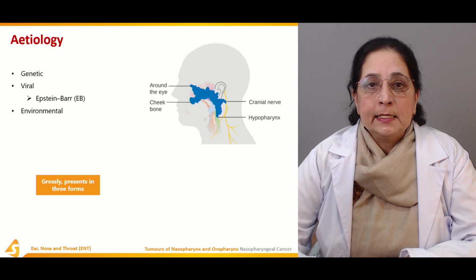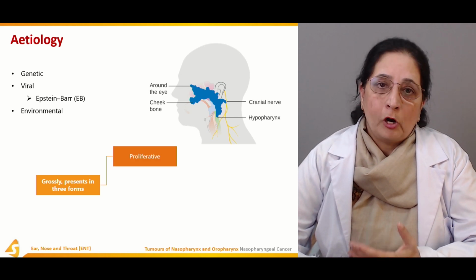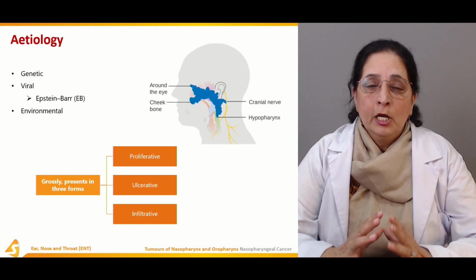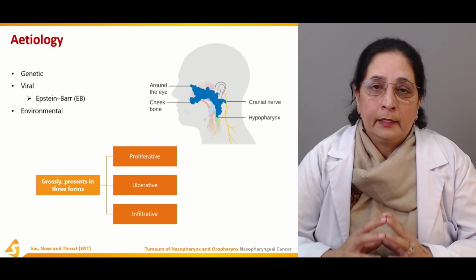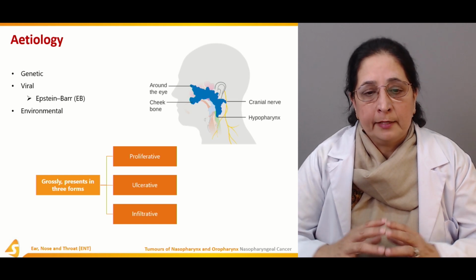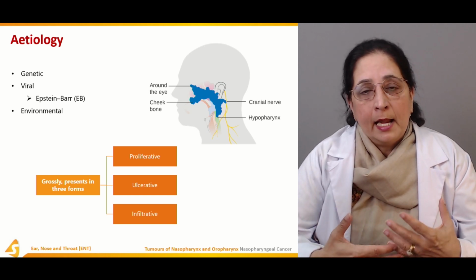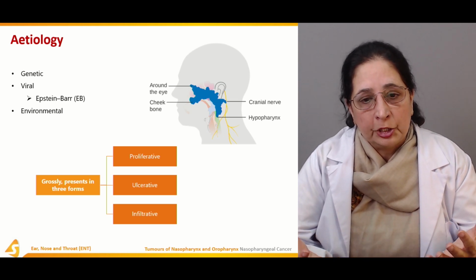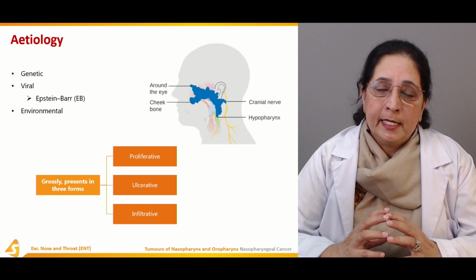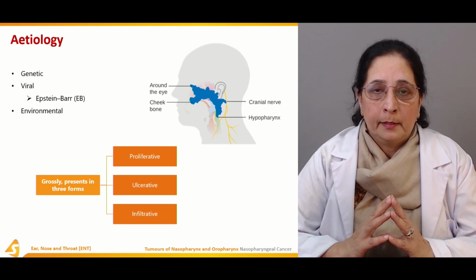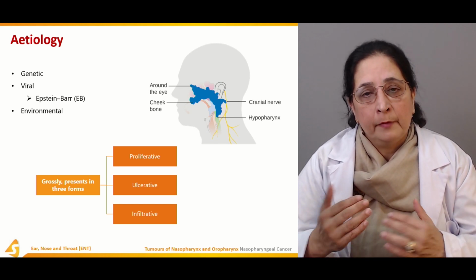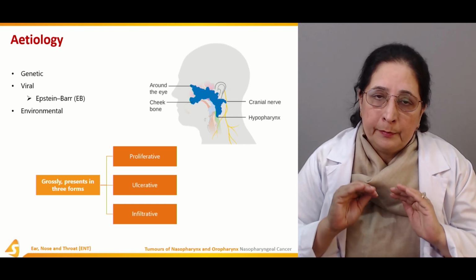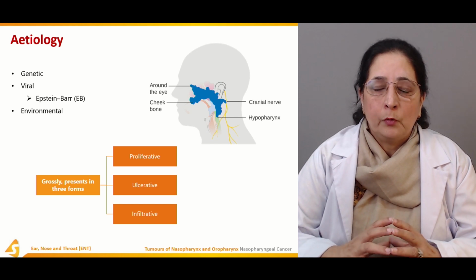Grossly, it presents in three forms. We have the proliferative form, ulcerative, and infiltrative. So nasopharyngeal cancer can be proliferative. It proliferates and multiplies and spreads by proliferation. Or it becomes ulcerative, and then it presents in that form with ulcer formation, and then infiltrative when it penetrates into the deep surrounding structures.